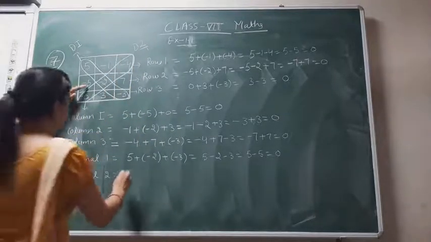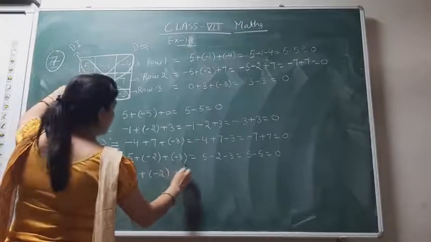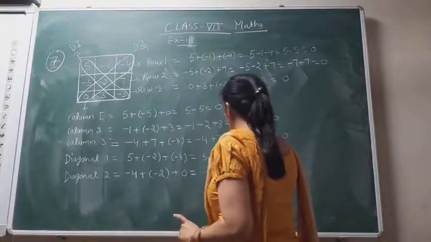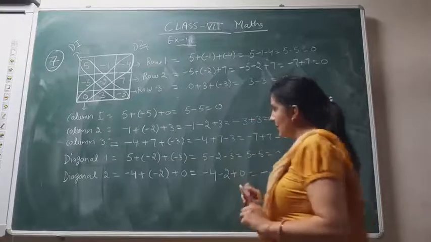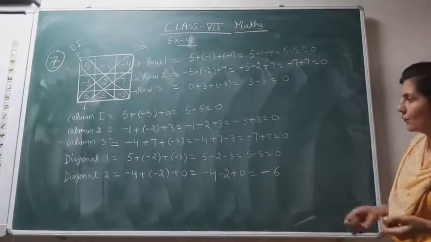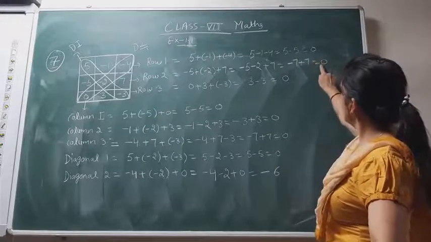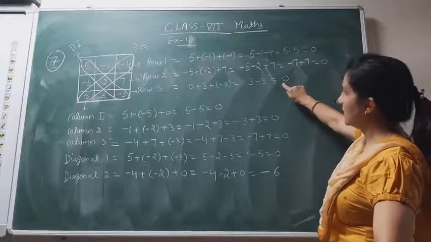So diagonal 2: minus 4 plus minus 2 plus 0. It becomes minus 4 minus 2 plus 0. It becomes minus 6. So diagonal 2 is different from the other diagonal. Row 1 is 0, row 2 is 0, row 3 is 0.